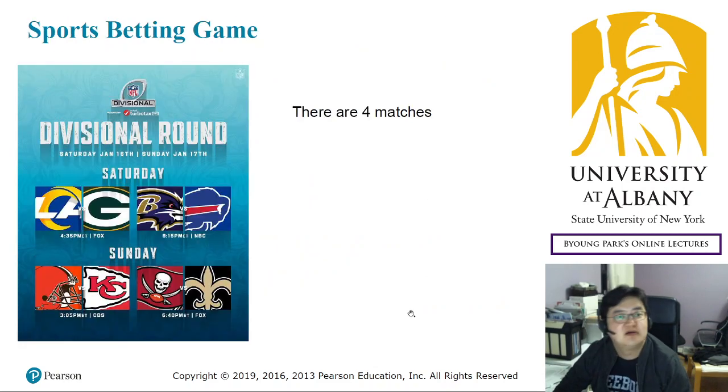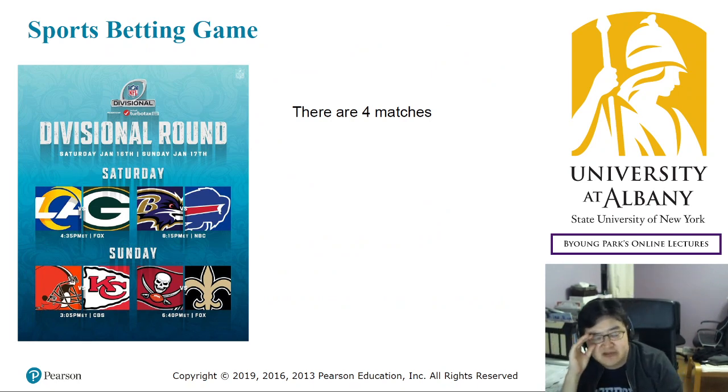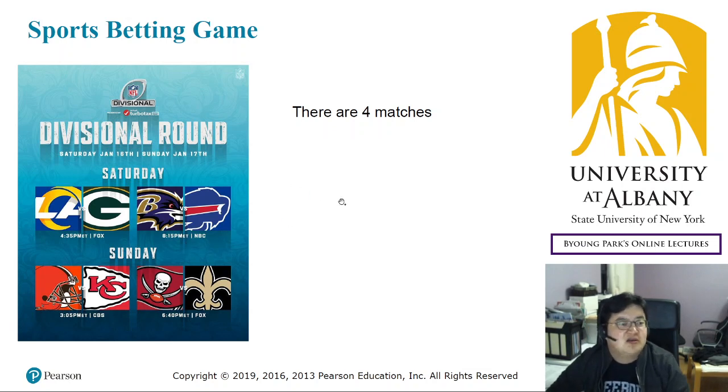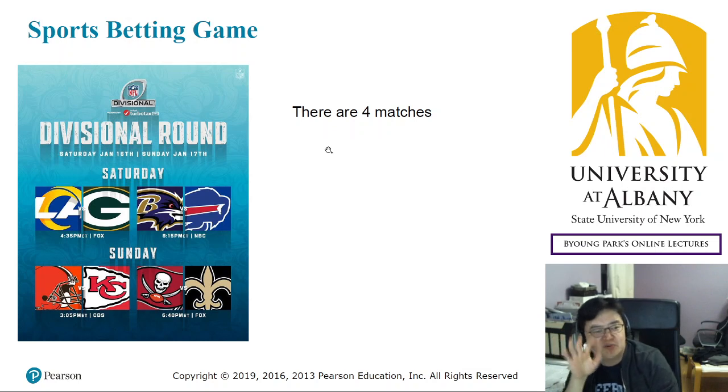To do that, I will think about an interesting example. This is the NFL divisional round in the last season. You don't need to know what they mean. What we are doing here is just imagine there are 4 matchups in a weekend, and you are playing a sports betting game.